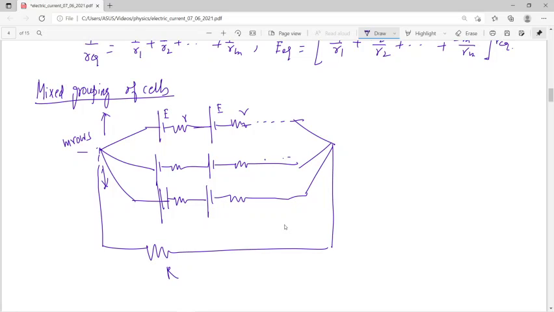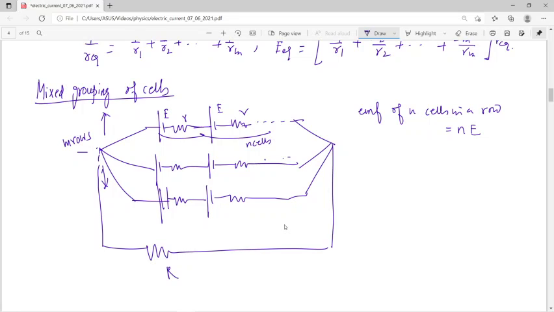So what we know is, there are n cells in a row. The EMF of n cells in a row is nothing but nE. Since the EMF of each row is nE and all these are connected in parallel, the EMF of the circuit is also nE.